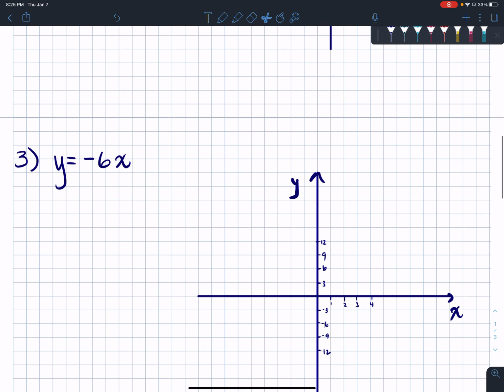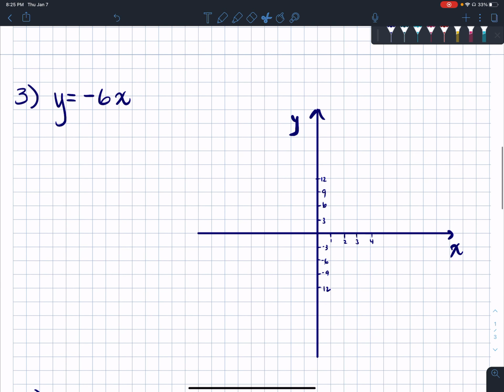And then very quickly we will look at this one here. This is a direct variation. So you have to remember that the initial value is 0, which means that you're starting from the origin here, right in the middle where the two axes cross. And here we have a slope of -6, which means -6 over 1.